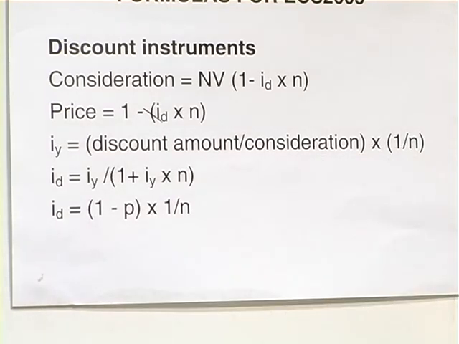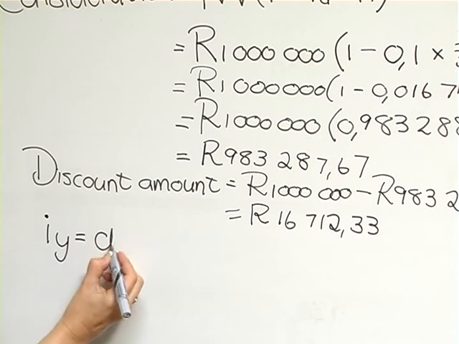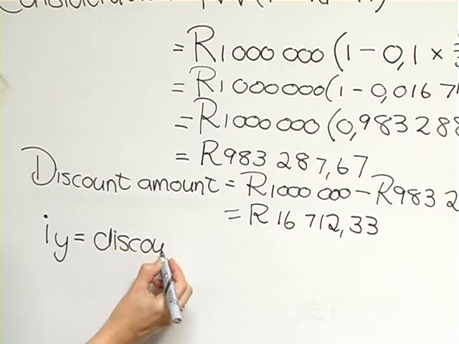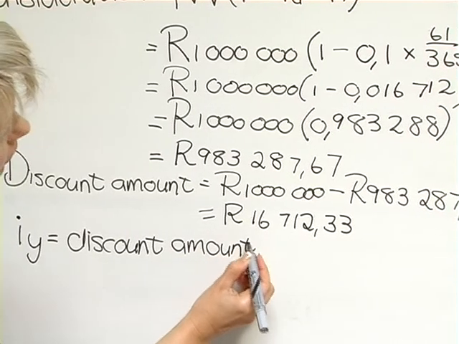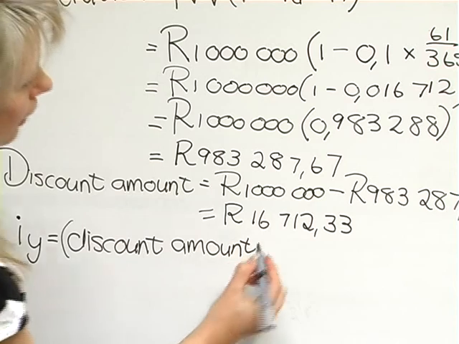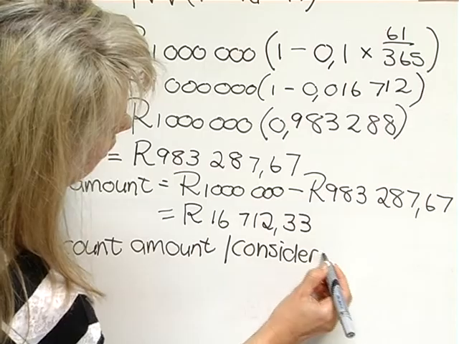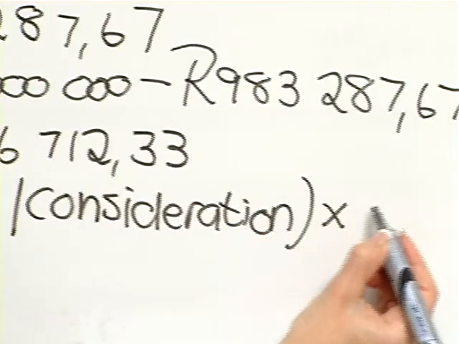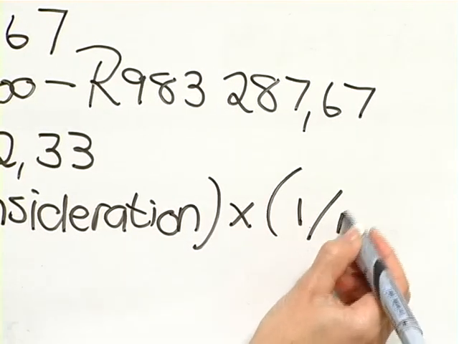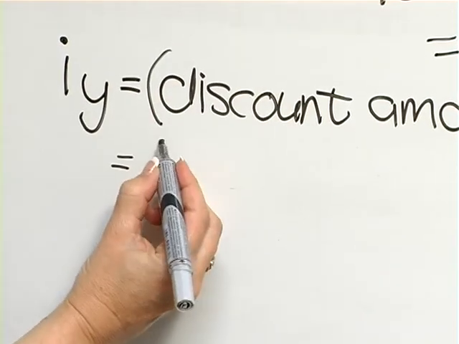Right. So if we want, we can write down the formula again. Your yield is going to be your discount amount divided by consideration times 1 divided by n. We have calculated the discount amount.